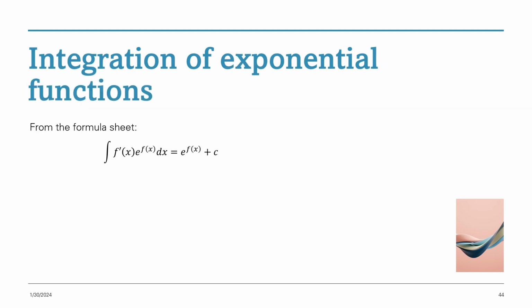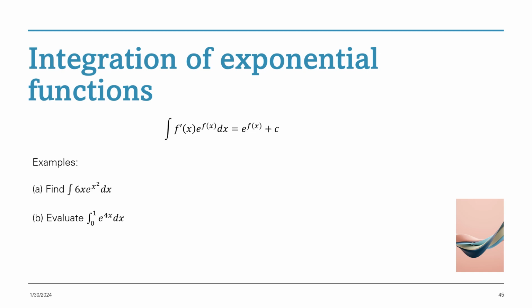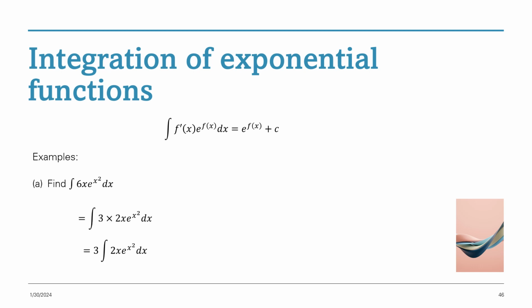Integration. The integration uses the rule that if you've got the derivative out the front, then you go back to the exponential. This is on your formula sheet. So the integral of 6x e to the x squared, and evaluate the integral from 0 to 1 of e to the 4x. With 6x e to the x squared, if I differentiate x squared, I get 2x.